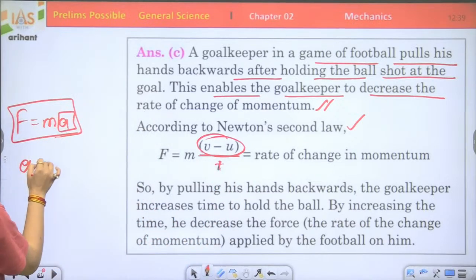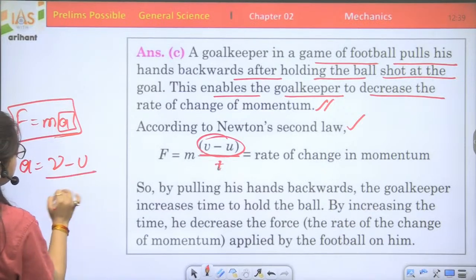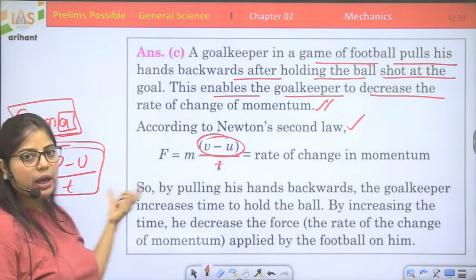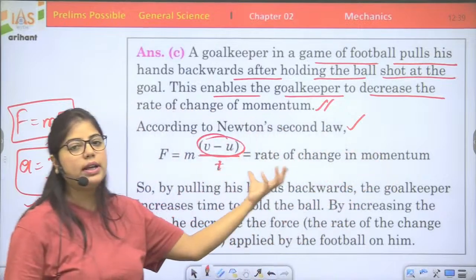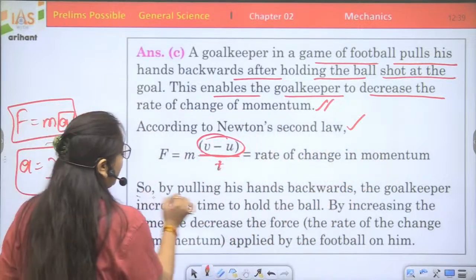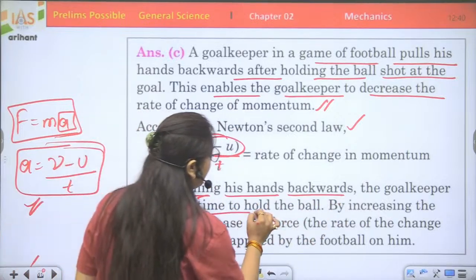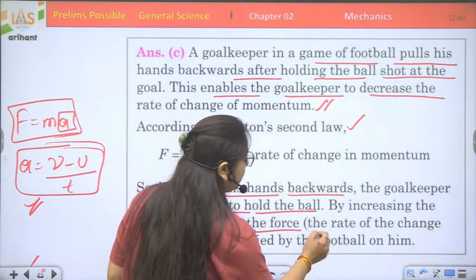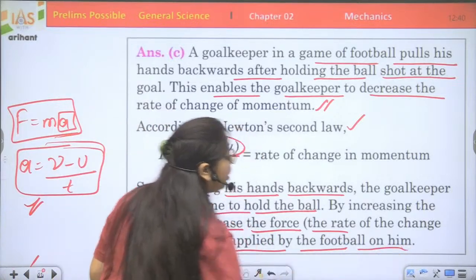And what is acceleration? It is equal to final velocity minus initial velocity upon time taken. This is the acceleration formula which we are putting here. And this is the rate of change in momentum. So by pulling his hands backwards, the goalkeeper increases the time to hold the ball. By increasing the time, he decreases the force, the rate of change of momentum applied by the football on him.